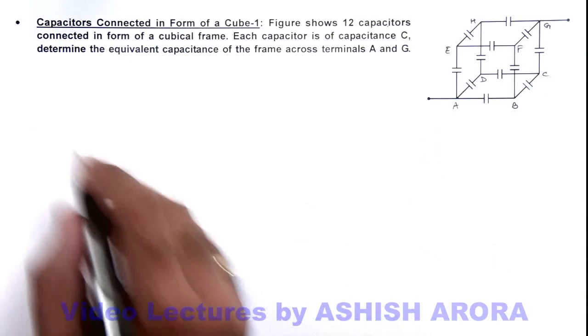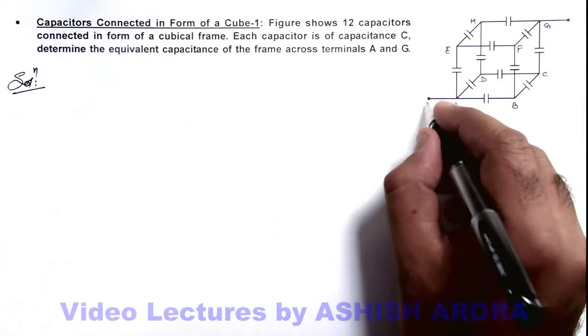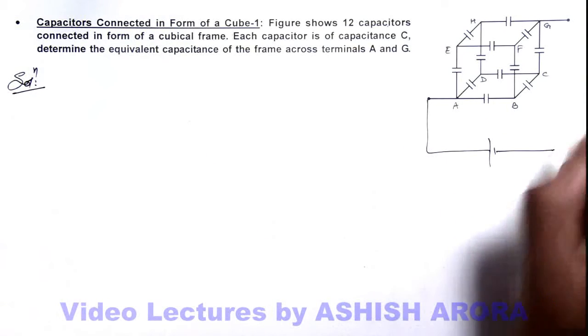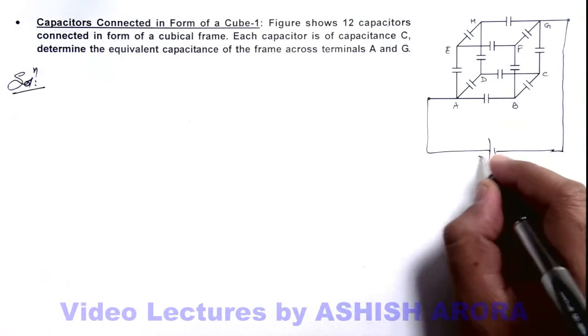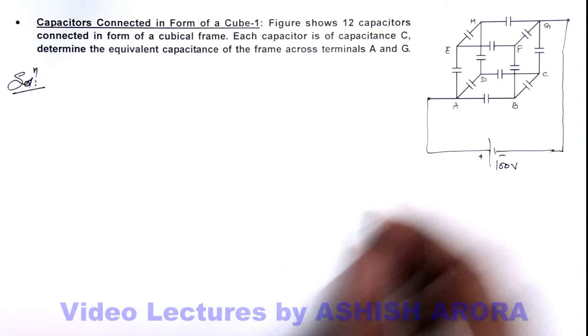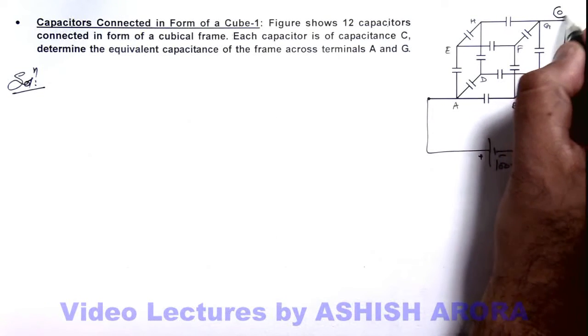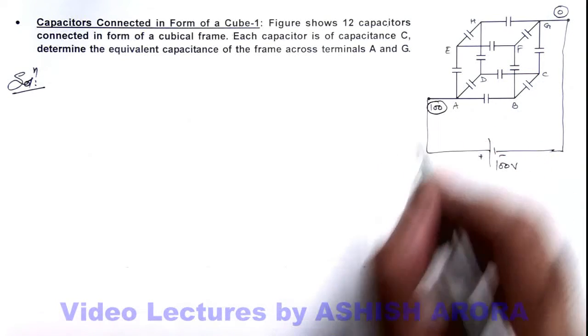Now in this situation, if we use nodal analysis, we can connect a battery of 100 volt across the circuit. We take the potential on terminal G to be 0, then potential at terminal A will be 100 volt.